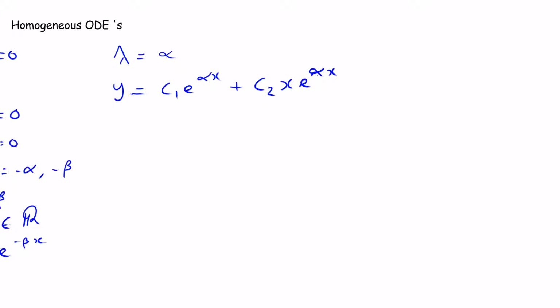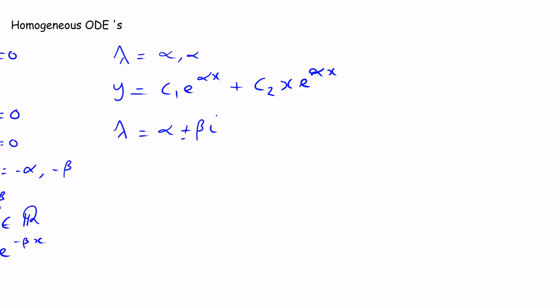So what would we do if we had complex roots? So here we're going to have lambda equals alpha plus or minus beta i, because there'll be two roots being a quadratic here. Here this would be alpha and alpha.